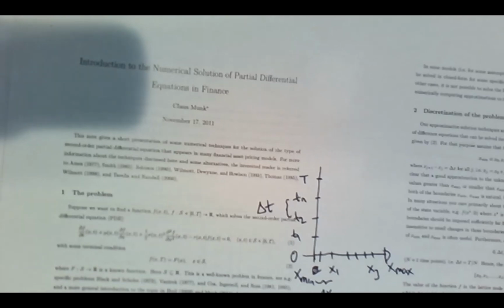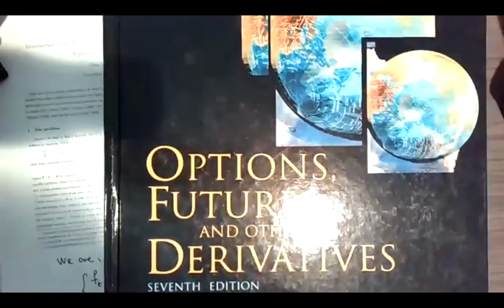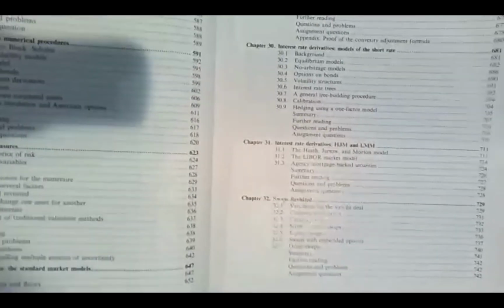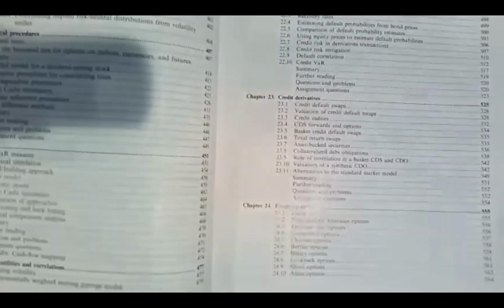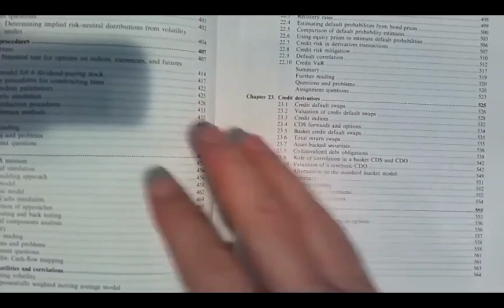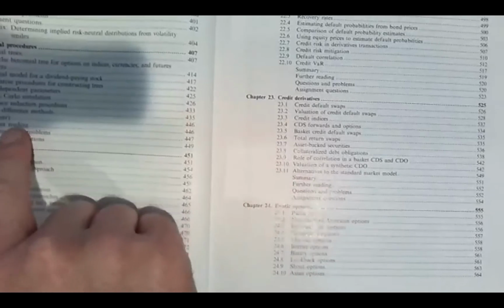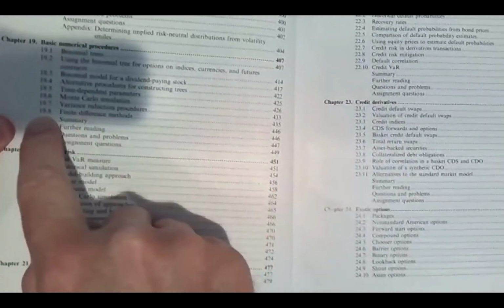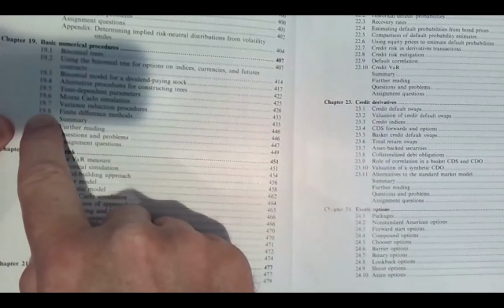I have talked about Hull's textbook a few times, and let me just bring that one up one more time for you guys to see. There's a large section in Hull's about exactly this. So if you flip into Hull's book on numerical procedures, there's a chapter over here, 19.8.